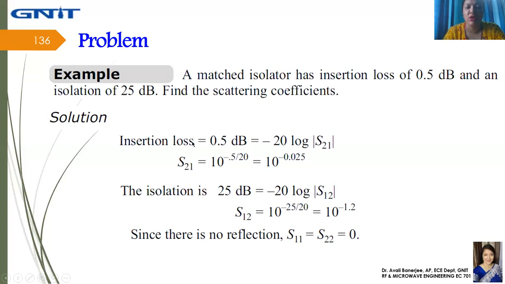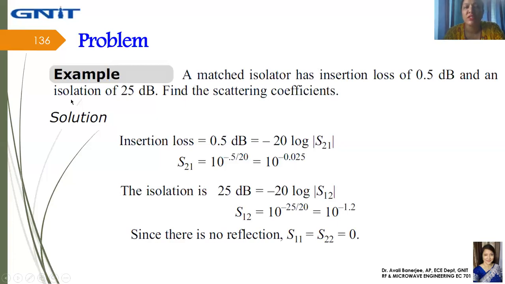So the insertion loss is equal to 0.5 dB according to the given data. Here we know that the formula for insertion loss is minus 20 log S21. So we will find out the value of S21. We have obtained 10 to the power minus 0.025.